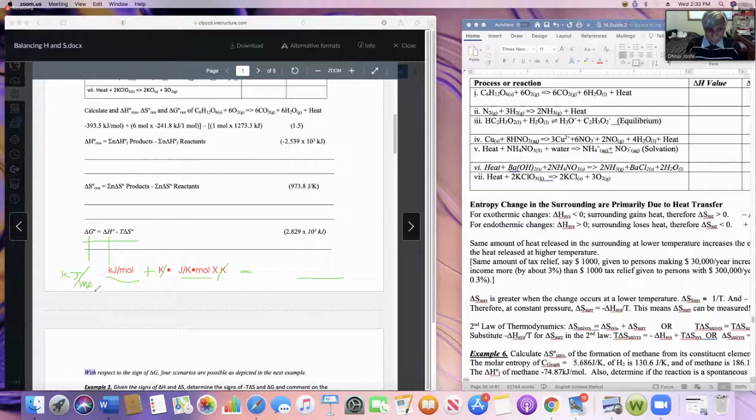And that makes sense, because it tells us that delta G is energy, measured in kilojoules or kilojoules per mole. What is the name of delta G? Gibbs free energy, so of course it has units of joules or kilojoules. Mole is just there because we talk about chemistry. That makes a lot of sense.